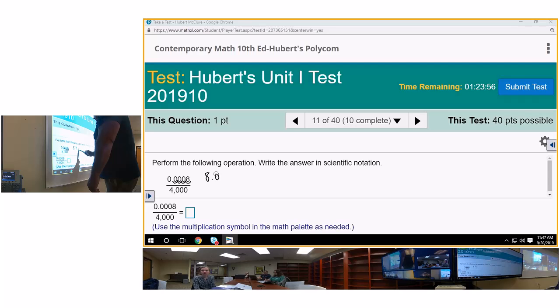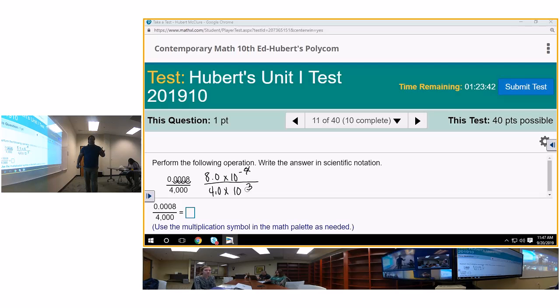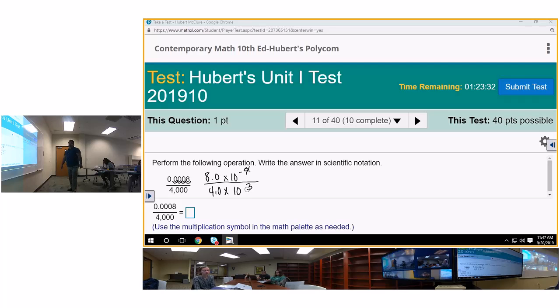8.0 times 10 to the -4, somebody check me, and 4.0 times 10 to the 3rd. Should you be careful on this one? Yes. Because you are dividing, that means you have to subtract. And when you subtract with integers, you have to be careful. So what's 8 divided by 4? 2.